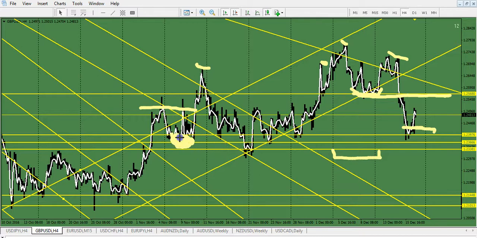Consolidation zones, dojis, are revisited. This is a great low price, and this is the high. This is double top, right? The wicks, you're going to enter on the wicks and hold.